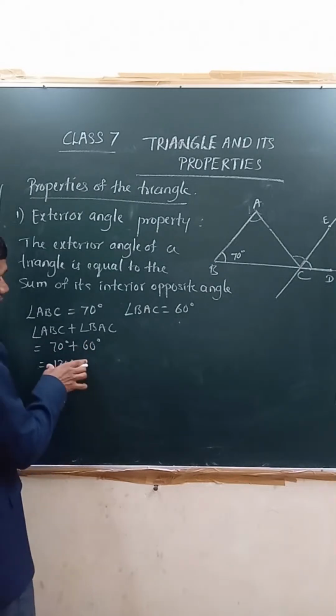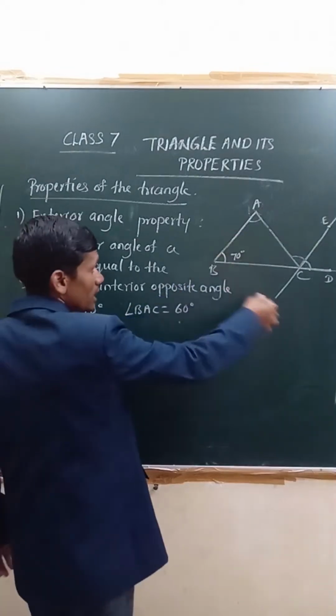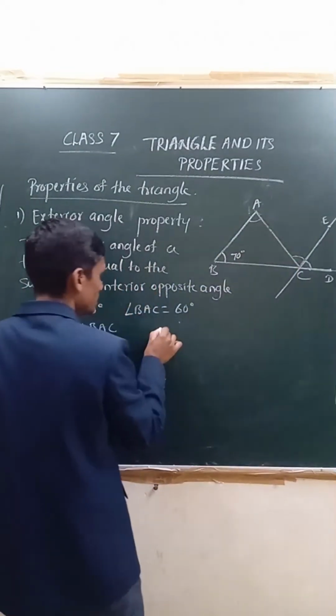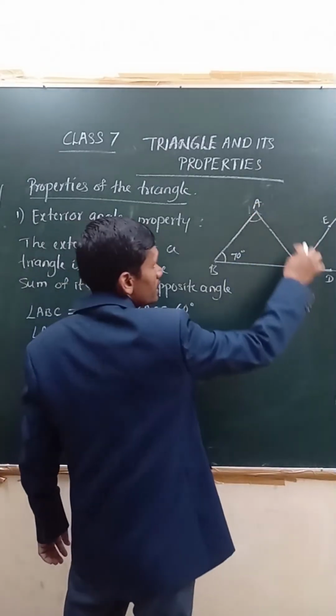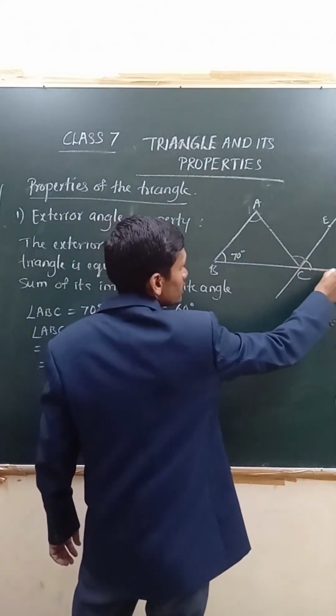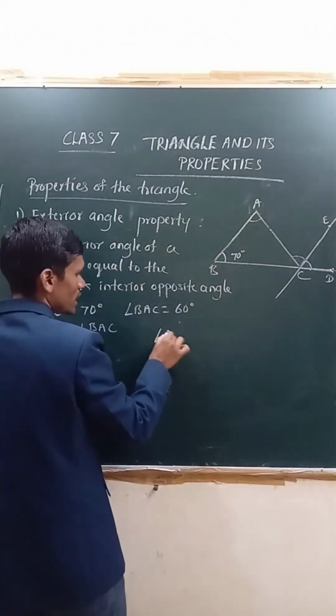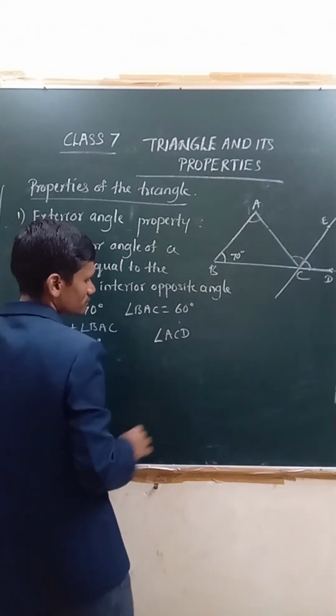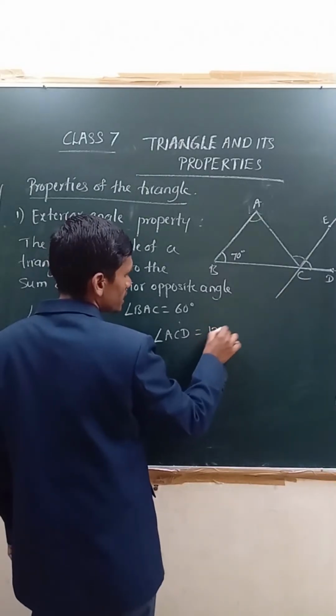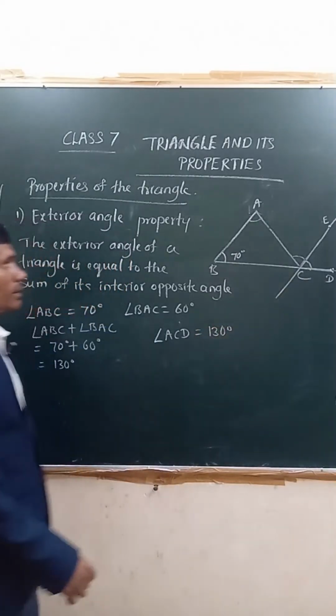130 degree. Now you measure this angle, ACD. If you measure angle ACD, this will be exactly 130 degree, remember.